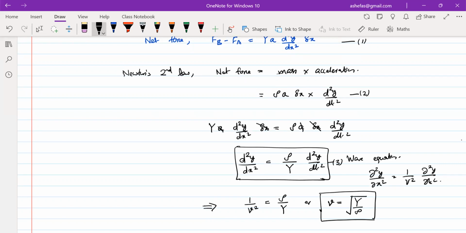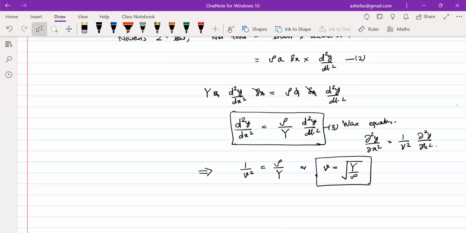Note that the speed of the wave is independent of the dimension of the rod. It depends only on Young's modulus, that is the modulus of elasticity, as well as the density. It is inversely proportional to the square root of density. So when density increases, the speed decreases, whereas when the elasticity increases, the speed increases.